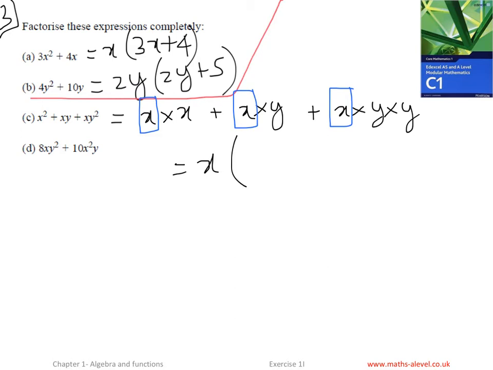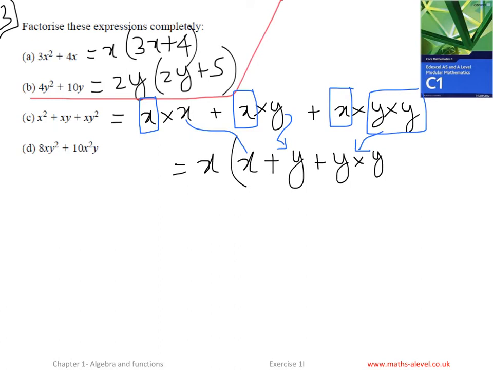So the remaining terms are going to be, this one comes here as x, then plus this y comes here as y, then these two come here as y times y.